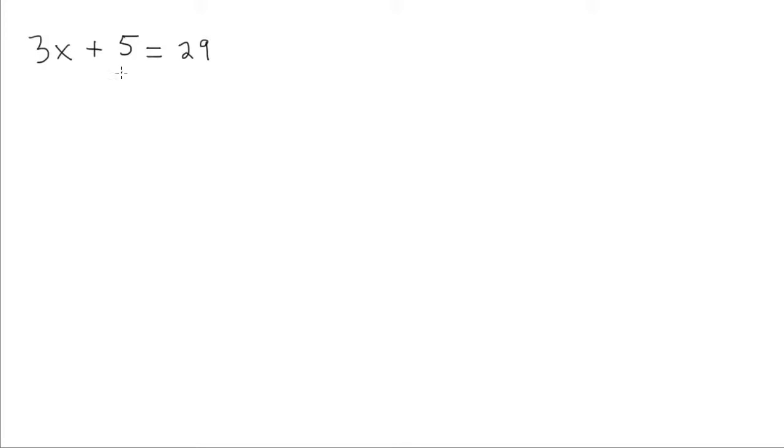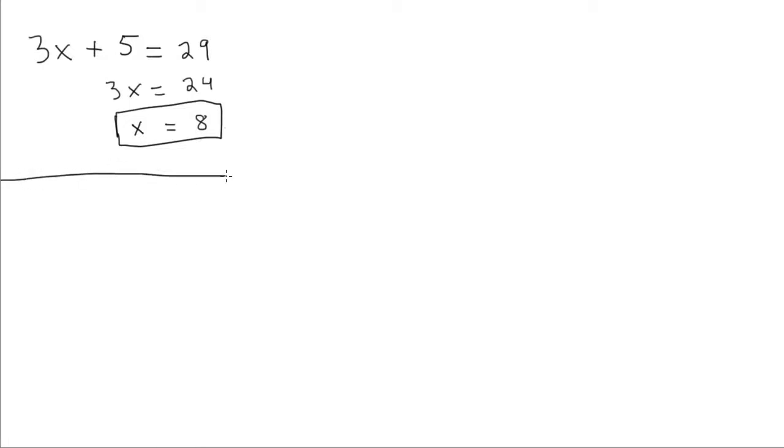So the first thing we should do is move the 5 over to the other side. And so 3x equals 24. And then divide both sides by 3. So x equals 8. And that's pretty straightforward.